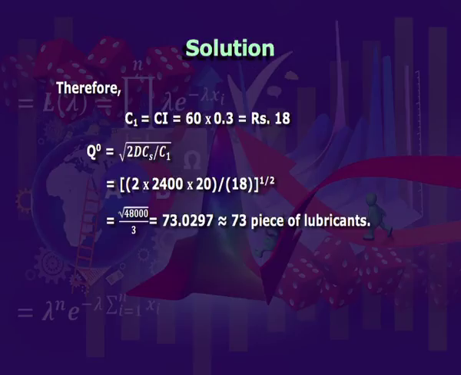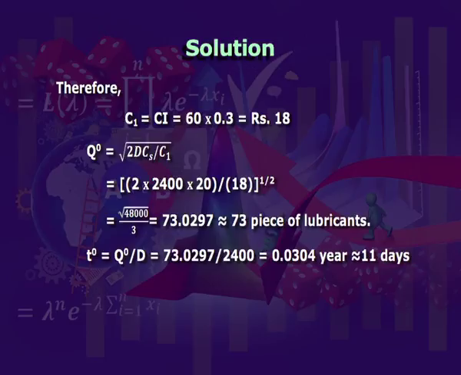Substituting the values of D, CS and C1, we get on simplification under root 48000 divided by 3, which becomes 73.0297, which is approximately equal to 73 pieces of lubricants.